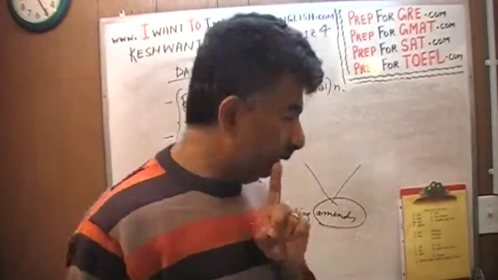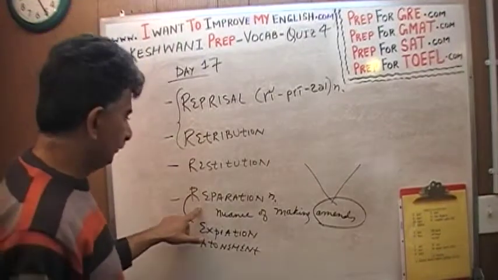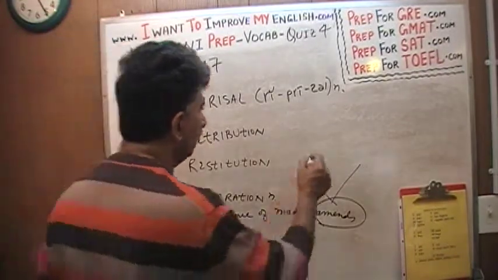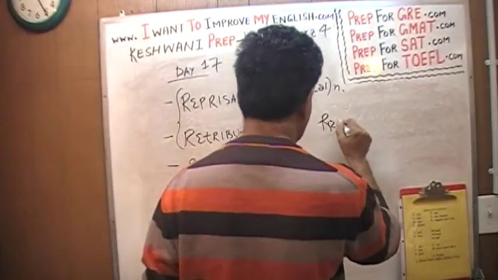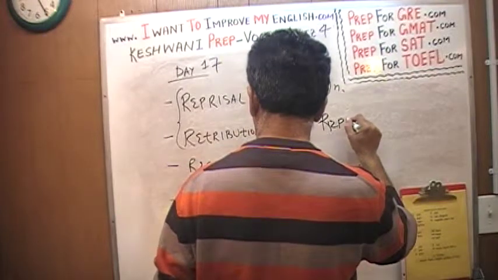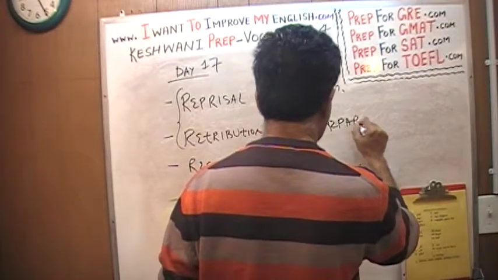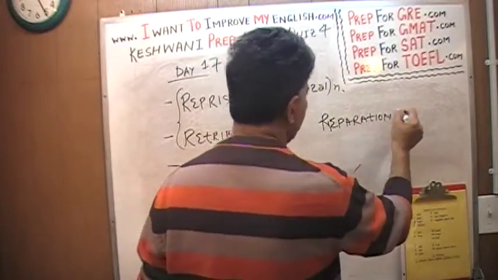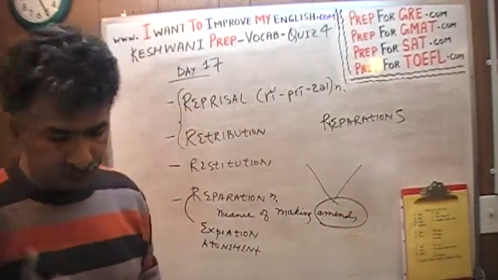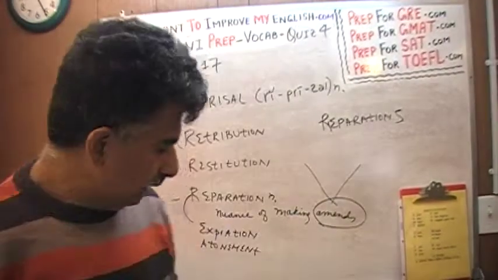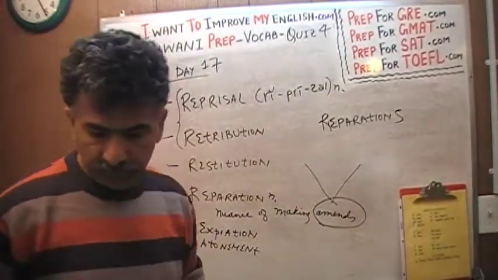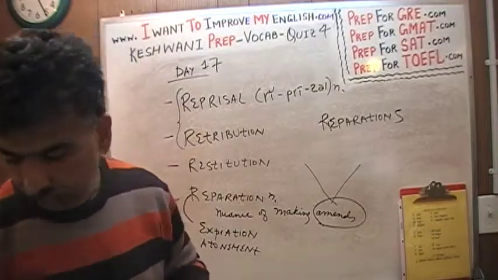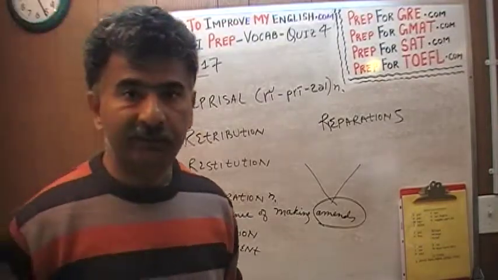Now, reparation in the plural has a different meaning. If you use the same exact word in the plural, reparations has a different meaning, which is where one country requires another country to pay for the damages that the other country inflicted, the other country being the defeated country.